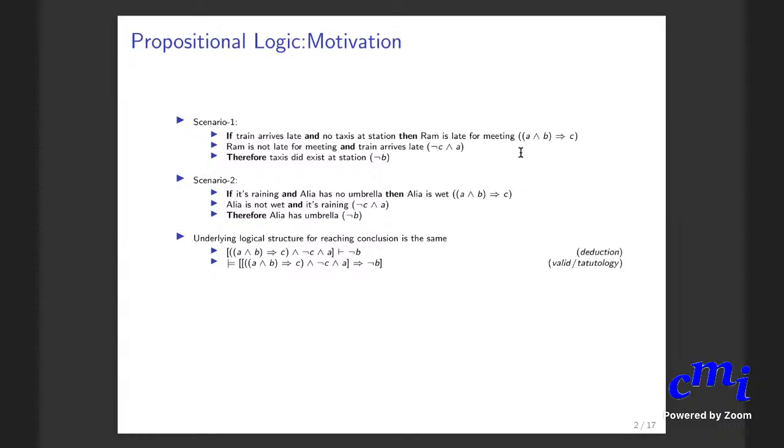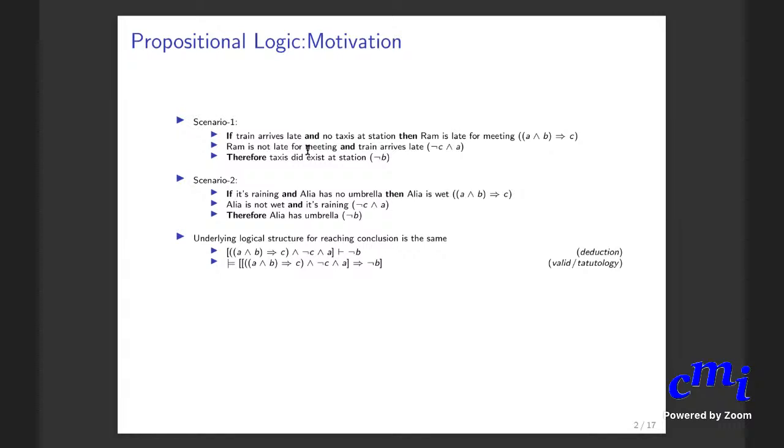For example, if you were to use A to denote the fact that the train arrives late, B that there are no taxis at the station, and C to denote that Ram is late for the meeting, then the first one can be expressed as A and B implying C.